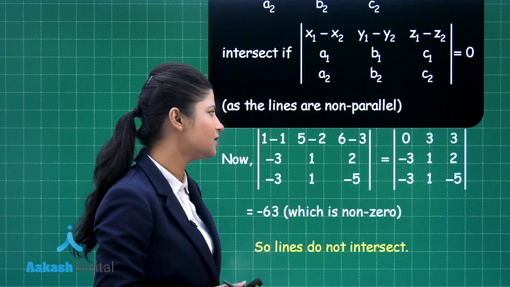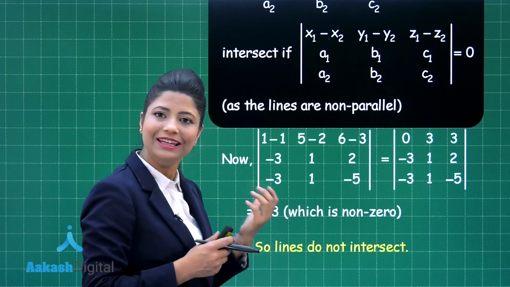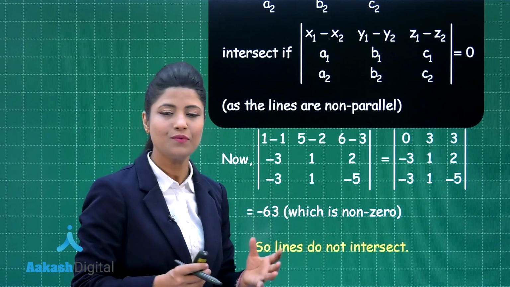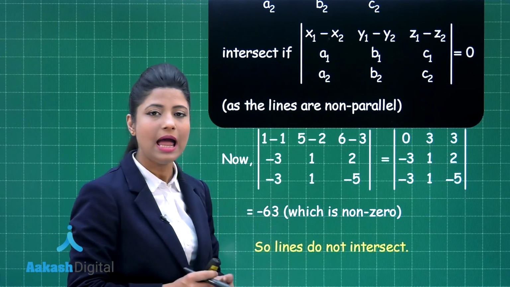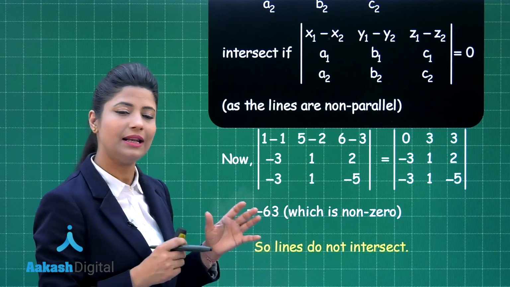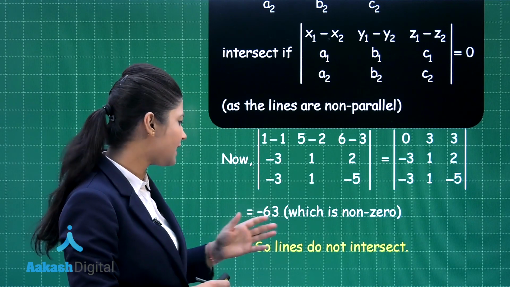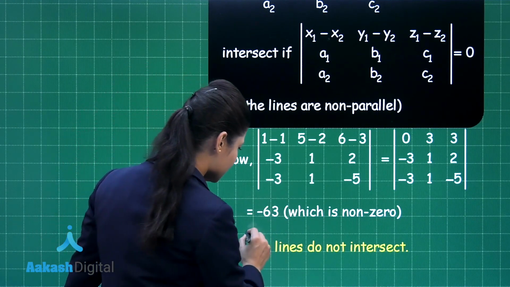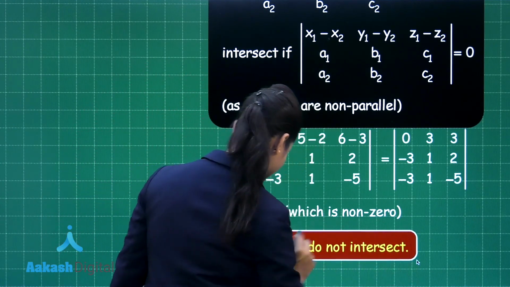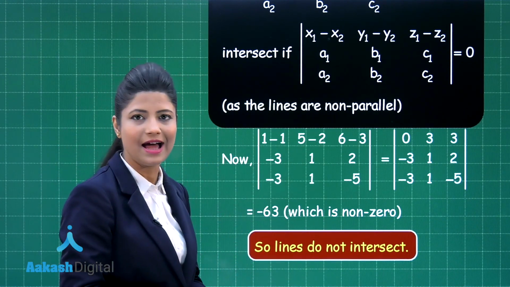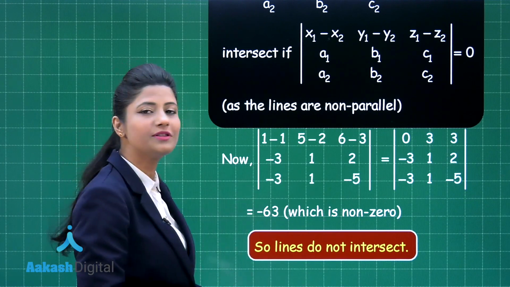On expanding this determinant along the first row or any other row, you will get the value of the determinant equal to minus 63, which is clearly a non-zero quantity. If these two lines intersect, then the value of this determinant should be equal to 0. As it is non-zero, I can definitely state that the two lines do not intersect. I have these two lines as non-intersecting lines. So this is the answer for this question.